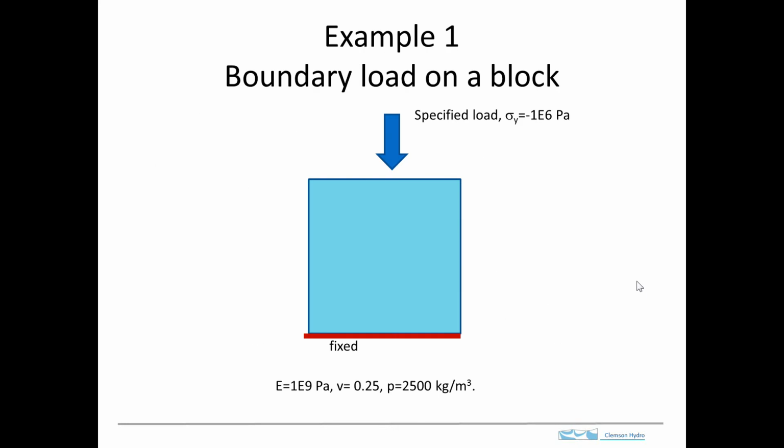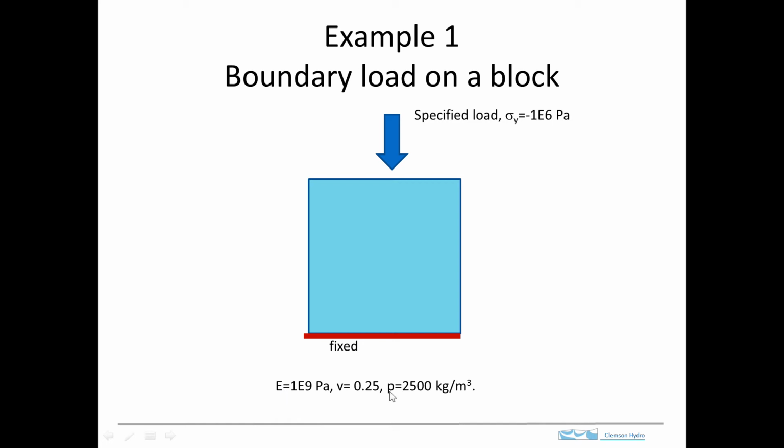Okay, so here's a simple example. We're going to take a block and put a load on it in the negative y direction. We'll use a load magnitude of 10 to the 6th pascals, 1 megapascal. We'll fix the bottom of it, and we'll use these properties.